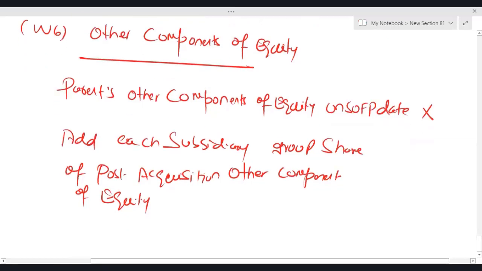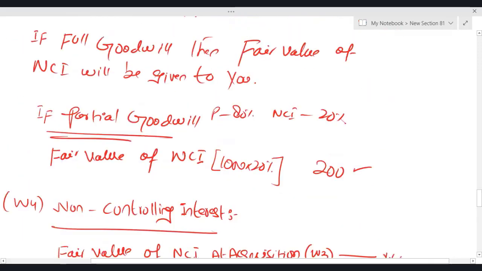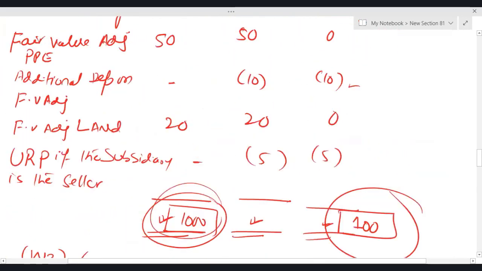You will find this value also from working 2, if there is any difference in the post acquisition other component of equity. For example, let's clarify here. Working 2 is here.